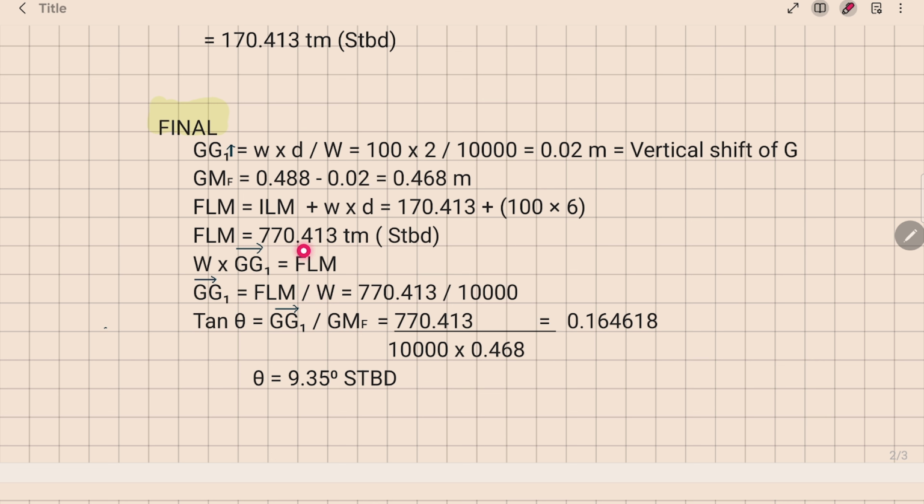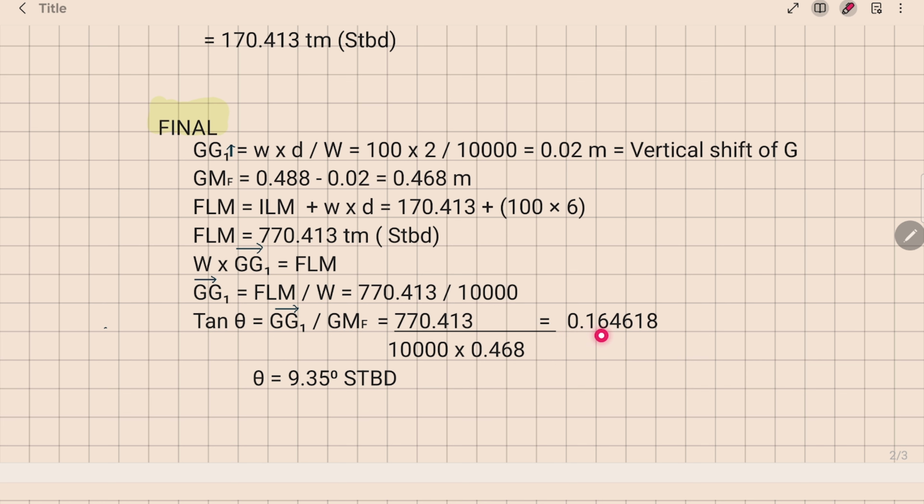And final listing moment we found here, 770.413 divided by displacement 10,000. Once again, for list, tan theta is GG1 upon GM fluid, horizontal GG1 upon GM fluid. Horizontal GG1 I have here 770.413 upon 10,000. And I also divide by the GM fluid, 0.468 as found here.